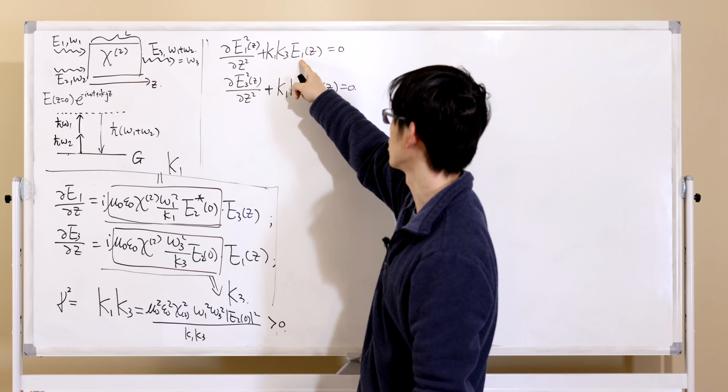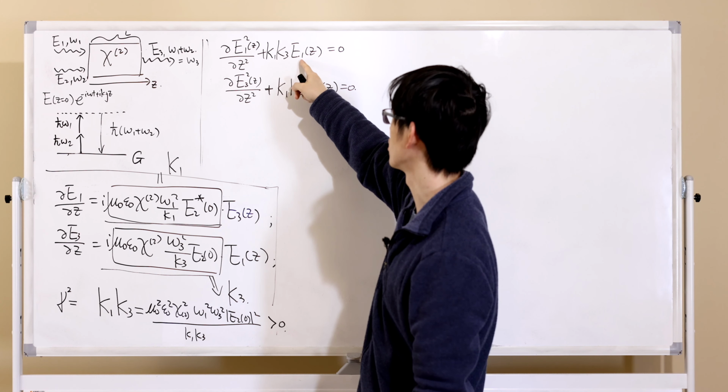And according to your general solution, this also equals minus gamma A3 sine gamma z plus gamma B3 cosine gamma z. Evaluating this at z equals 0 gives you gamma B3.